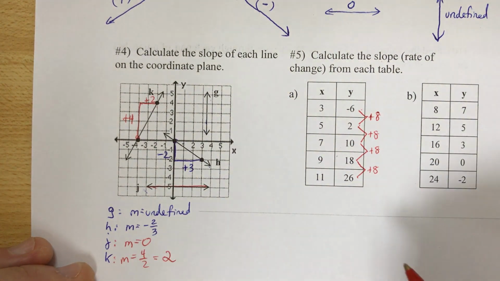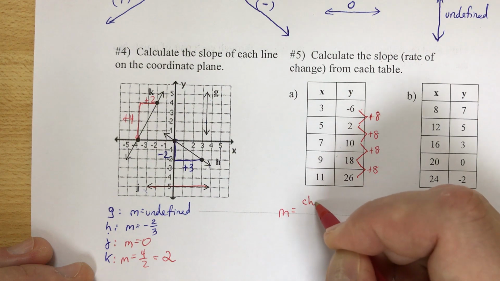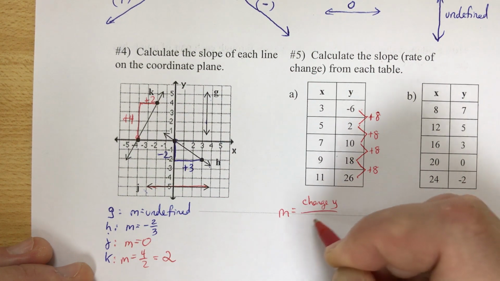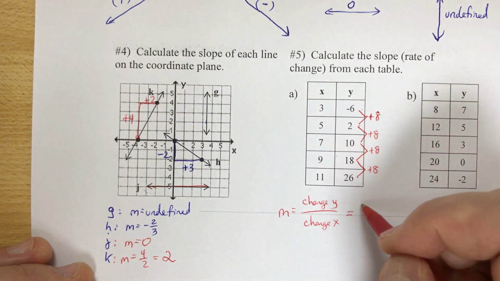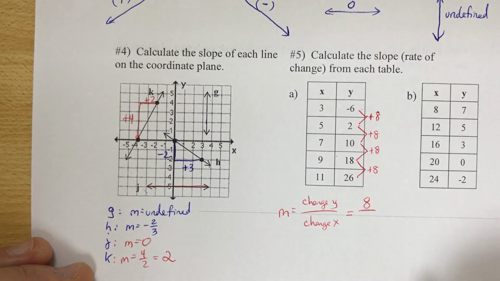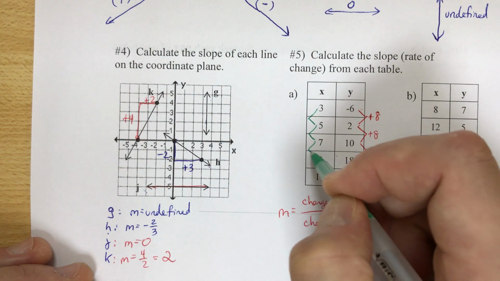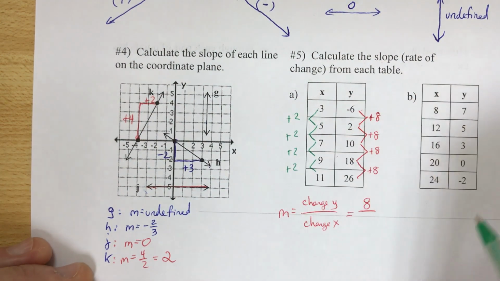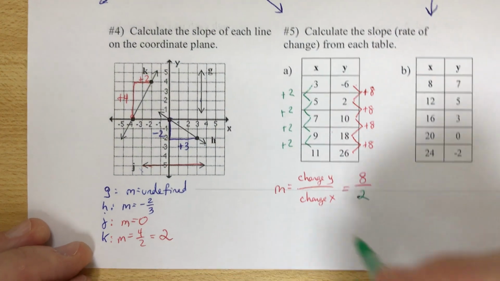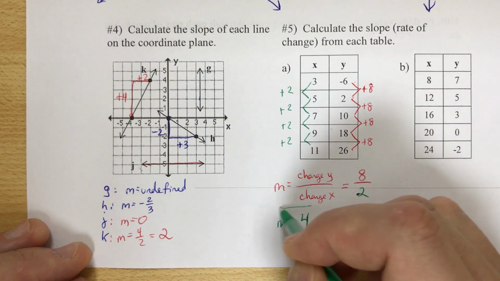And then the x value, so the slope is the change in y. Okay, I'm actually going to write this down. So each time the y values change, positive 8. Now let's look at the x values. So we go from 3 to 5, 5 to 7, 7 to 9, 9 to 11. Each of those is up 2. So it's 8 divided by 2, which is 4 over 1, or just 4.